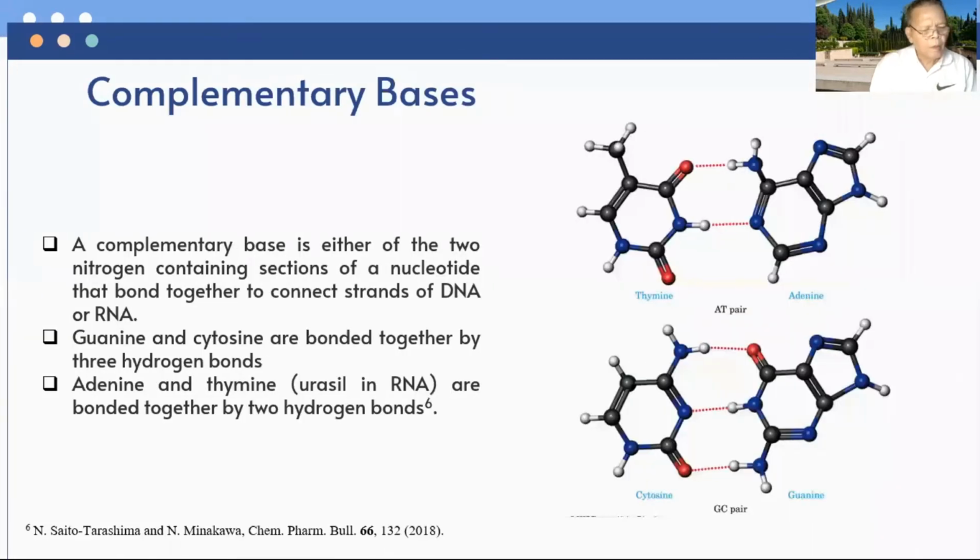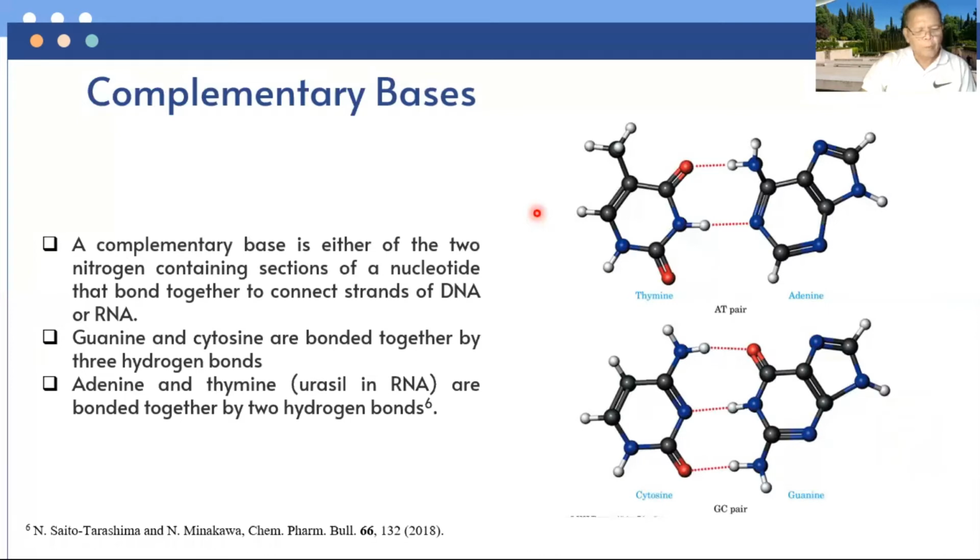A complementary base is either of the two nitrogen-containing sections of a nucleotide that bind together to connect strands of DNA or RNA. Let's see this figure. DNA and RNA are complex molecules that are central to genetics, and both are made of things called nucleotides.